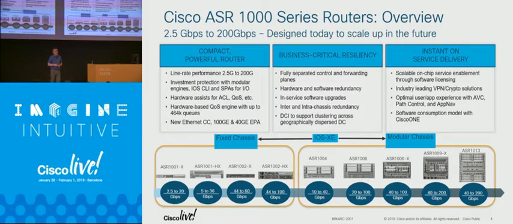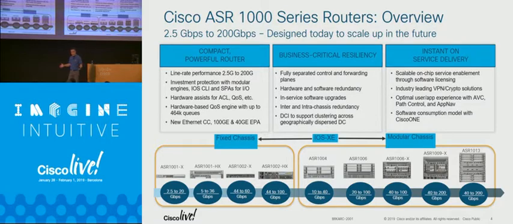They all use QFP, the Cisco Quantum Flow Processor, as the data path forwarding engine. So the QFP will process all the data paths, make packet forwarding decisions, and process all the features.